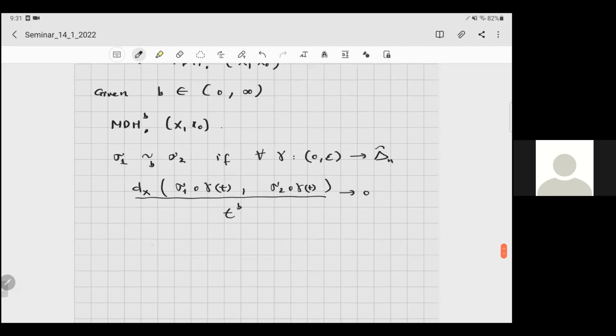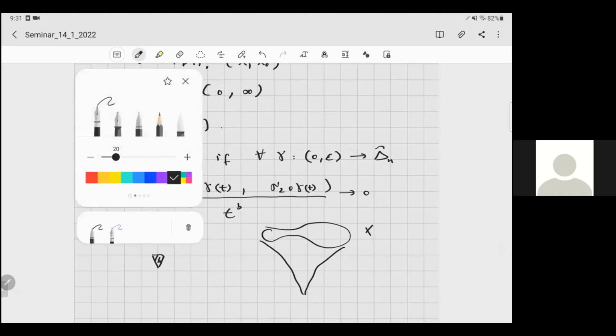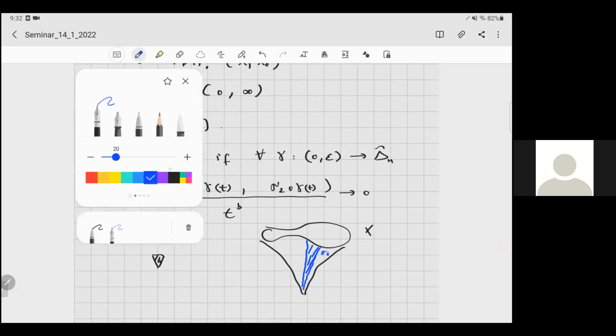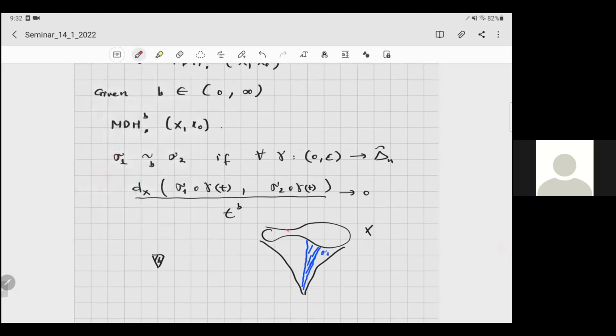This means you have two curves, right? I have the x here. This is sigma 1, and I have another one, for example, this is sigma 2.